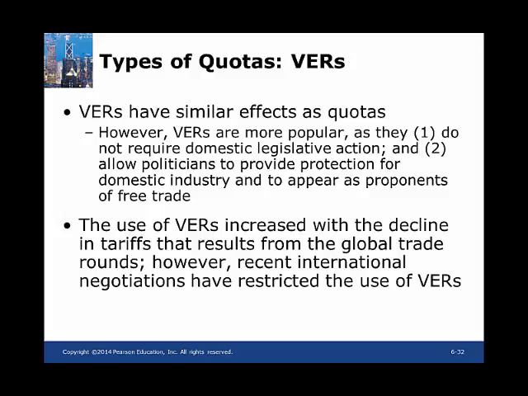The use of VERs increased with the decline in tariffs that resulted from the global trade rounds. However, recent international negotiations have restricted the use of VERs.